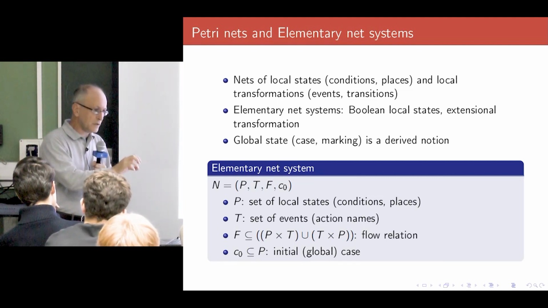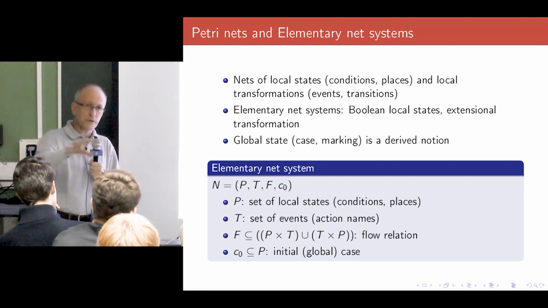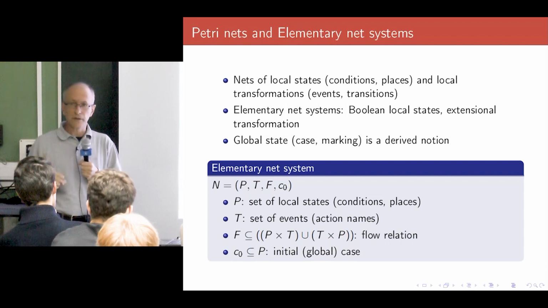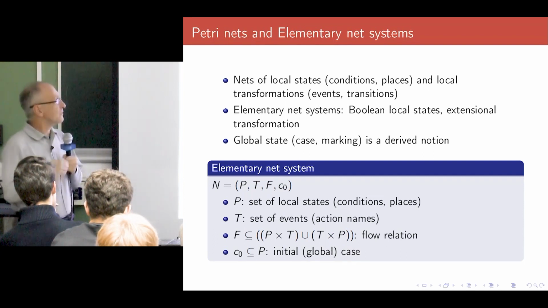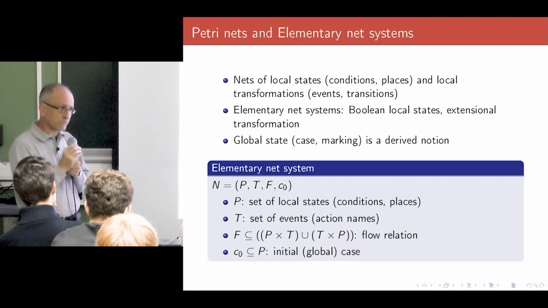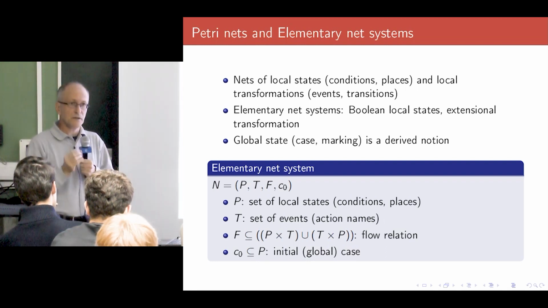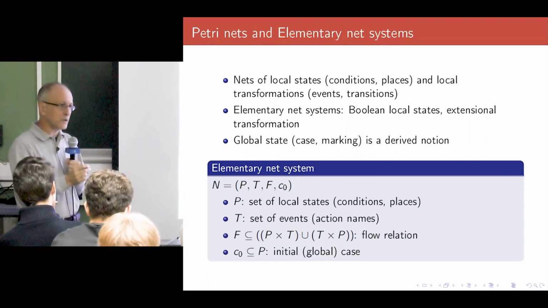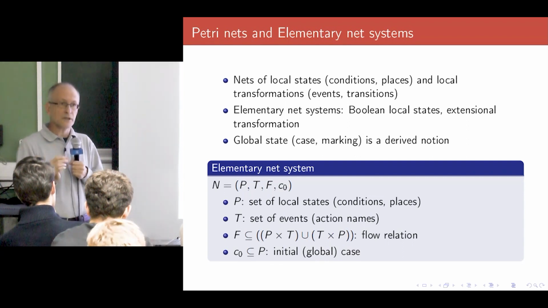So the idea is that we describe a system by specifying some conditions that can be observed in the various places of this distributed or concurrent system. And more specifically, in elementary net systems, these local states are just sort of Boolean variables that describe something that can be true or false at a given instant.